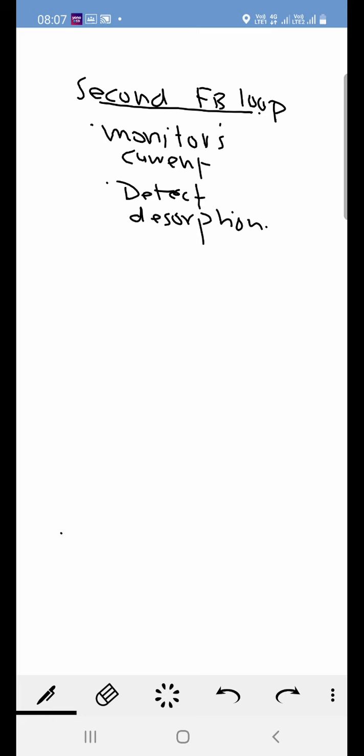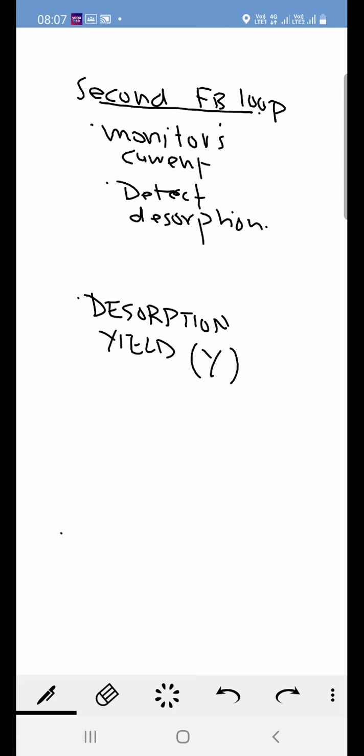Now, when the desorption is taking place, the parameter which is associated with desorption is called the desorption yield, given as Y. It is basically the ratio of the number of desorption events to the number of electrons incident.